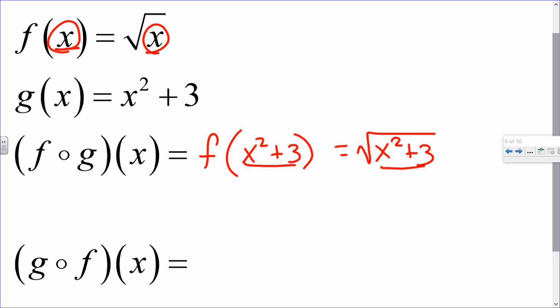Let's go the other way. If we now did g of f of x, f of x was the square root of x. So now we're taking the square root of x, and that is what we're putting in for the function g. What does that end up giving, Maya?